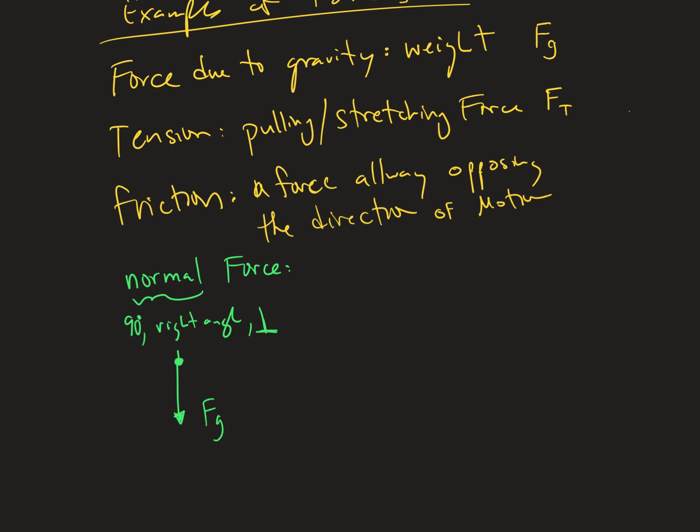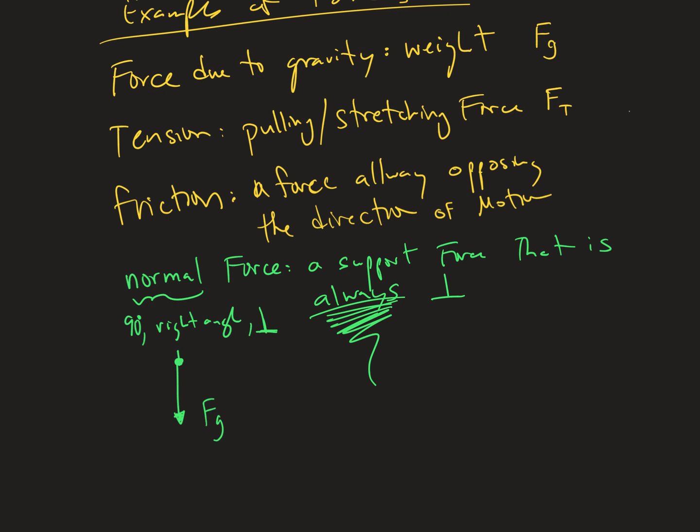Okay, so a good definition for normal force is a support force that is always, that means it's never not, right? Always perpendicular. I'm going to write this little symbol here. You guys okay with that symbol in geometry?